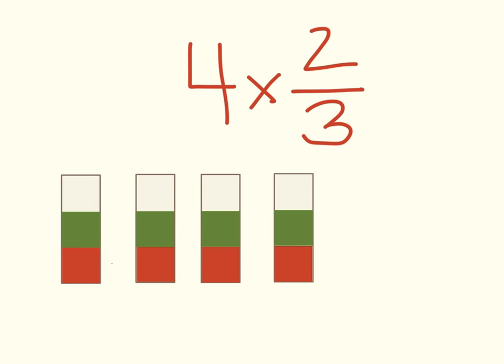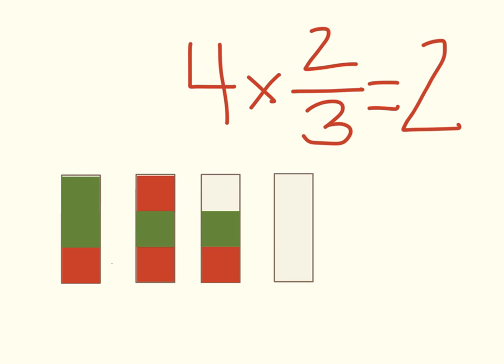So again, we can go ahead and rearrange. And we see that we have 2 wholes and 2/3. So 4 times 2/3 is equal to 2 and 2/3.